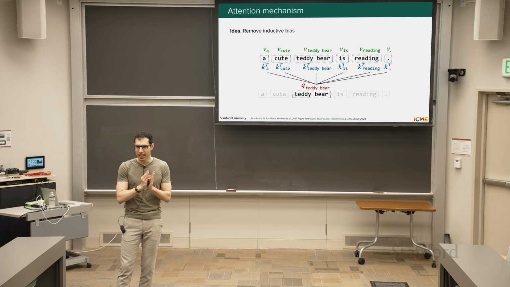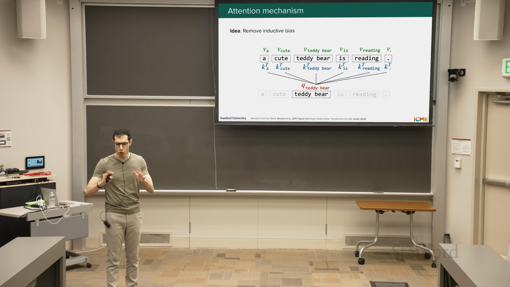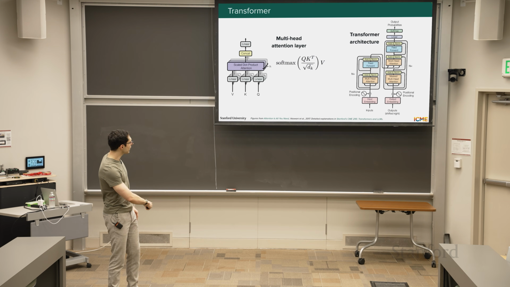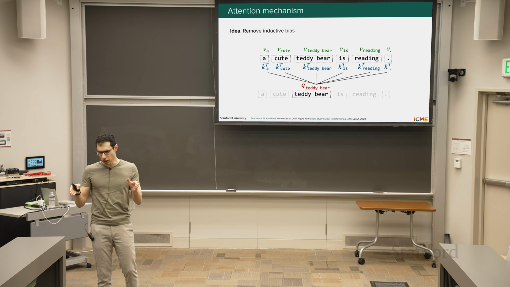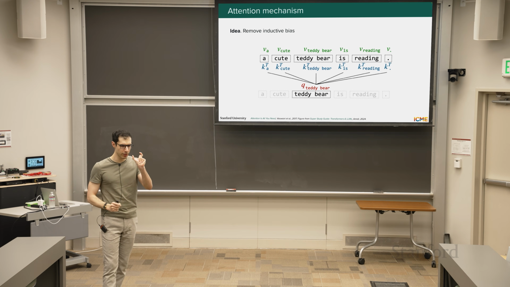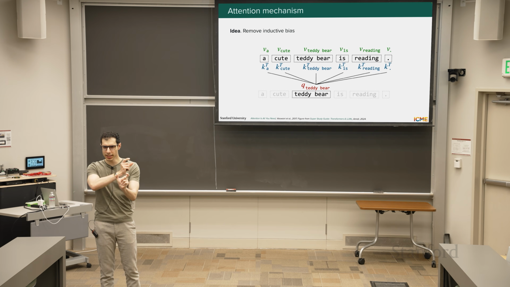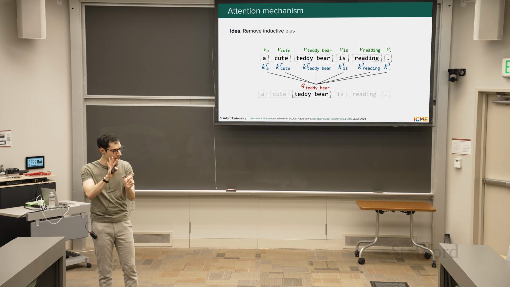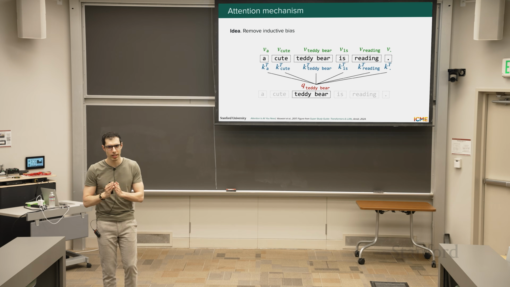And here we can actually use that same mechanism for images. You can think that you take pieces of your image and you're doing the same thing. So you say, given a piece of an image, what are the other pieces of the same image that are relevant to that one? It's the same mechanism.